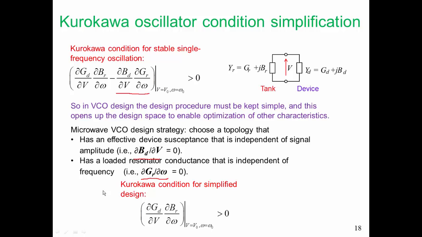This is telling us that if our negative conductance becomes smaller in magnitude as the amplitude increases, that's what we expect, we will need to have a susceptance that increases with respect to frequency. We can use that simplified Kurokawa condition provided that the derivative of the device susceptance with respect to amplitude is 0 and the derivative of the tank circuit conductance with respect to frequency is equal to 0. And that is the design strategy that we're following here.